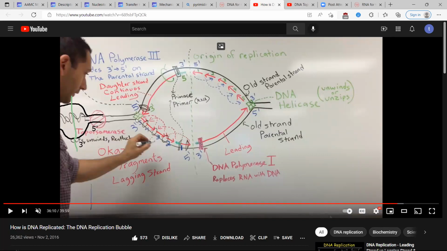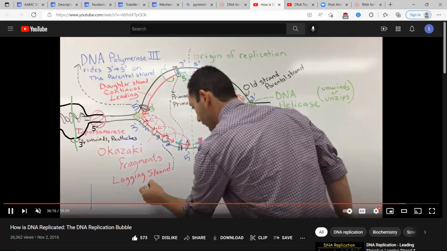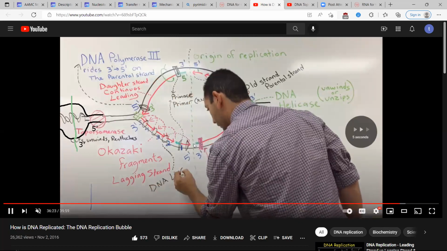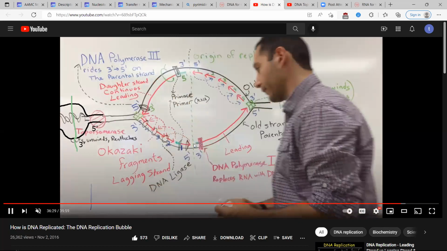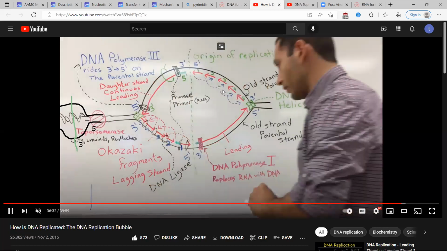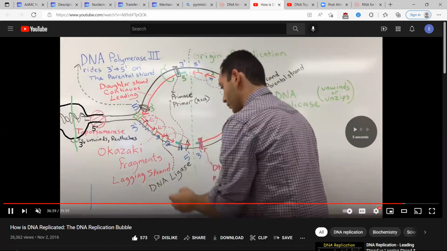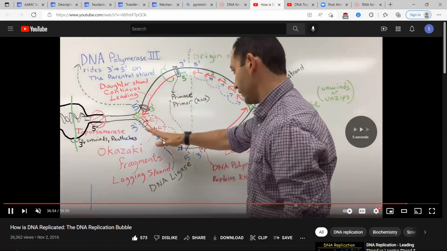And obviously that's not a full strand if there are those little gaps. So we have another enzyme called DNA ligase, which will come in and connect those. DNA ligase will only work on the lagging strand and connect those Okazaki fragments together.